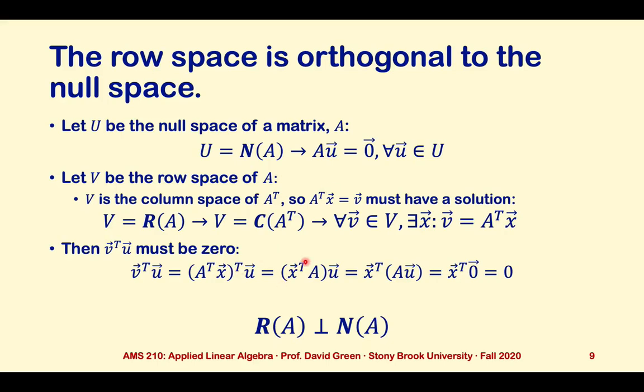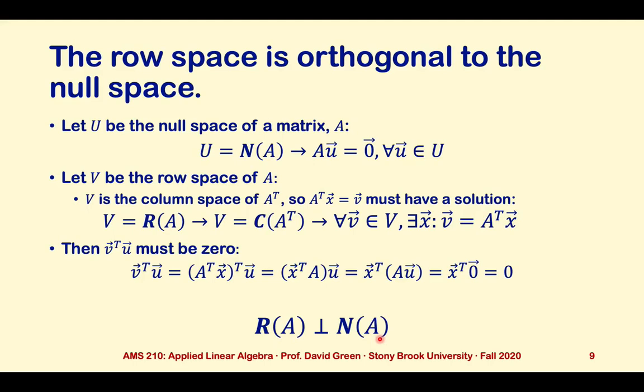So we have X transpose times A transpose transpose, which gives us back A. X transpose A times U, which is X transpose AU, but we know that AU has to be 0, so X transpose 0 is, of course, 0. Every vector V from the row space and every vector U from the null space has a dot product of 0. The two vector spaces are orthogonal to one another.